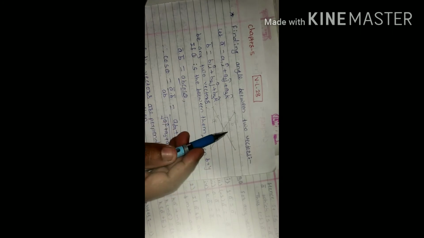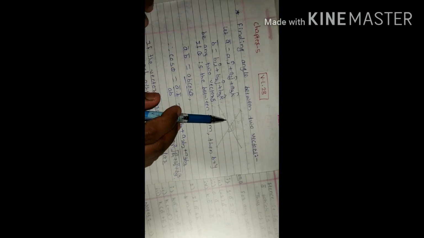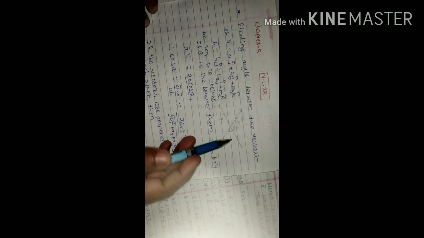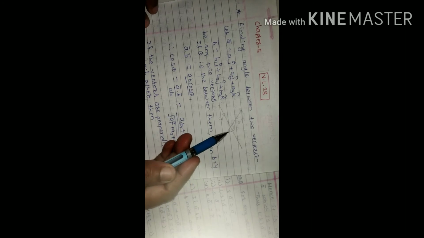If a bar and b bar are not perpendicular to each other, then one of the angles between them is acute and the other is obtuse. The scalar product of a bar dot b bar can be positive or negative, but not 0.